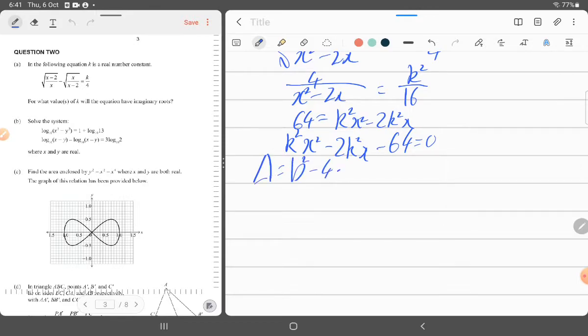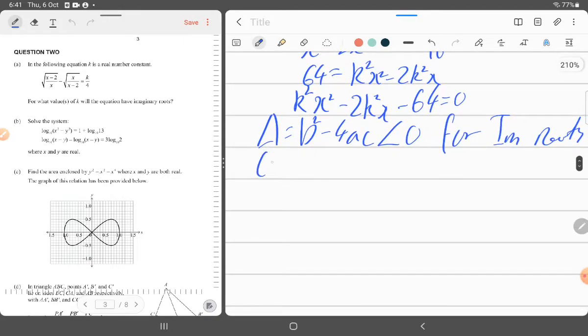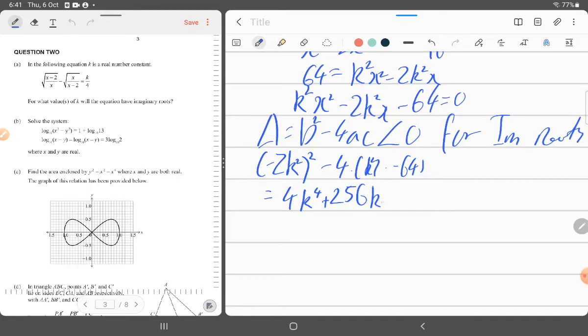B squared minus 4ac is less than 0 for imaginary roots. So b squared, so minus 2k squared all squared, take away 4 times k squared times negative 64, which is equal to 4k to the 4, plus 256k squared is less than 0.